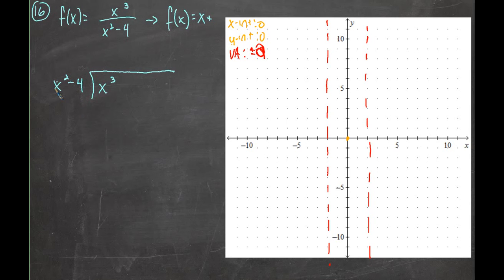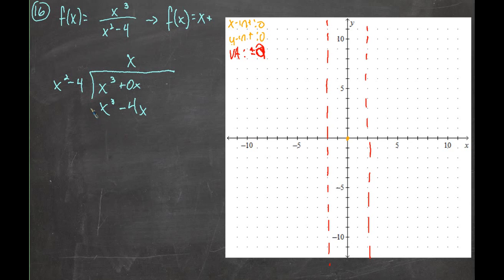What we need to do is say x squared times what is x cubed, right? Because this times this needs to be x cubed. Well, that's going to be just x. X times x squared is x cubed, but x times -4 is -4x. Okay, there's a 0x here, right?